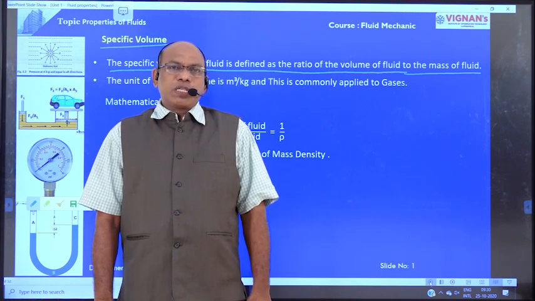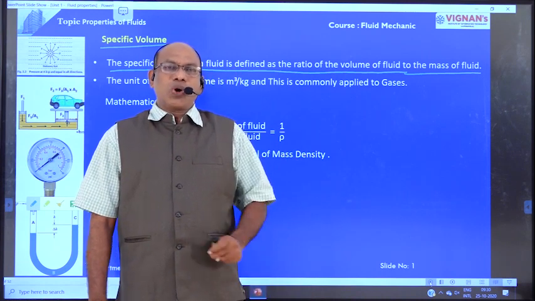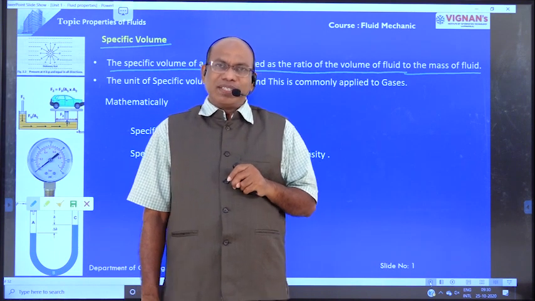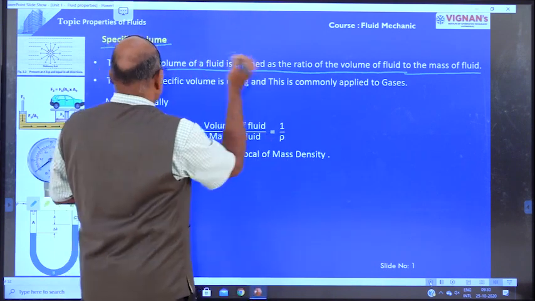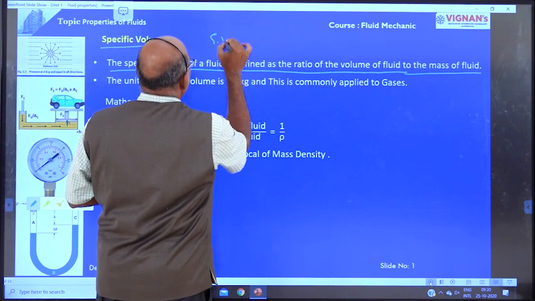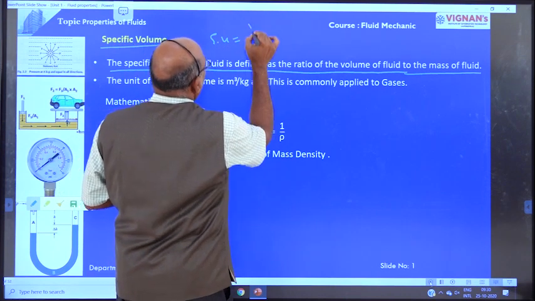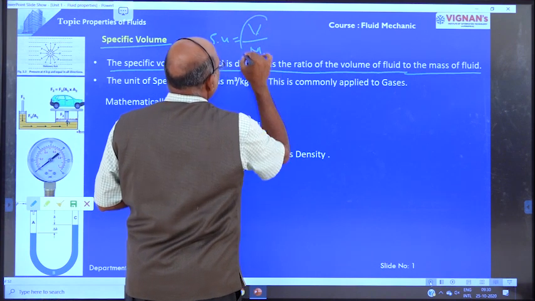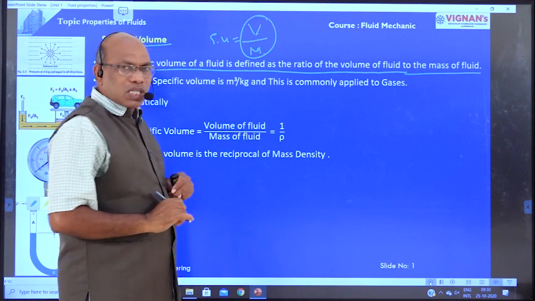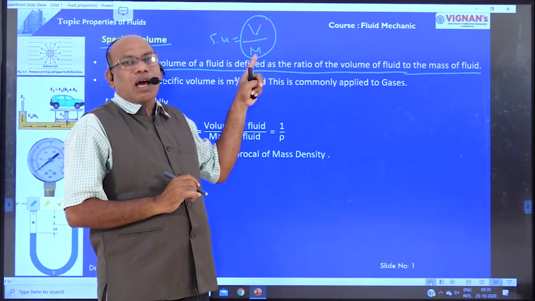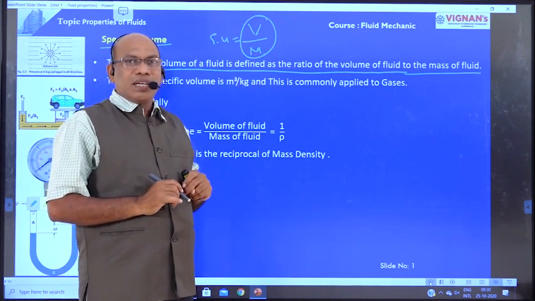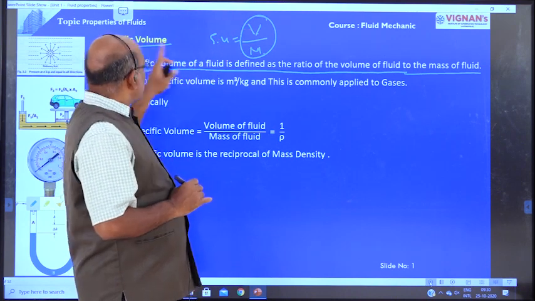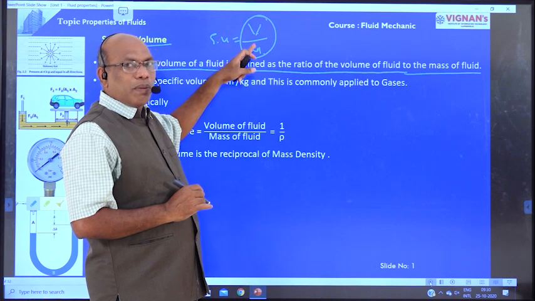Specific volume is defined as the ratio of volume of fluid to its mass of fluid. That means specific volume equal to volume of fluid to the mass of fluid. What does the volume of fluid to the mass of fluid represent? This is the reciprocal of mass density. Mass density is equal to mass by volume, but specific volume is nothing but volume by mass.